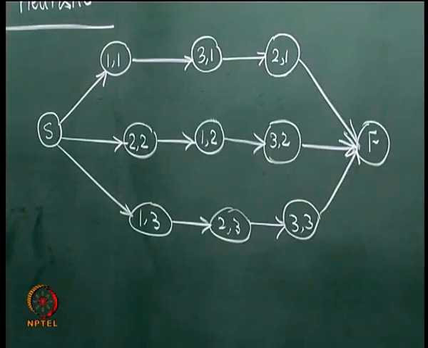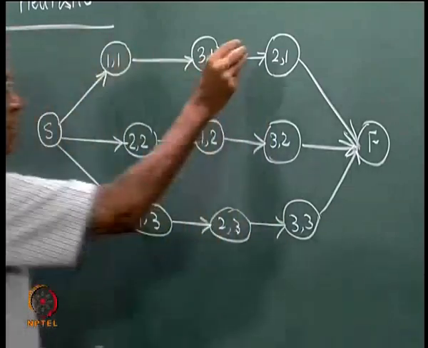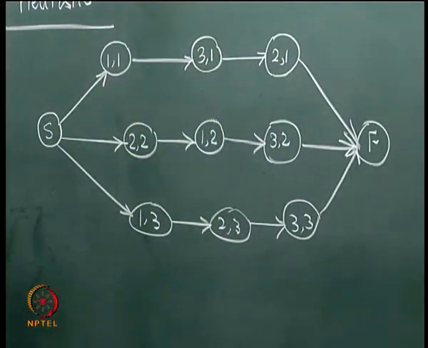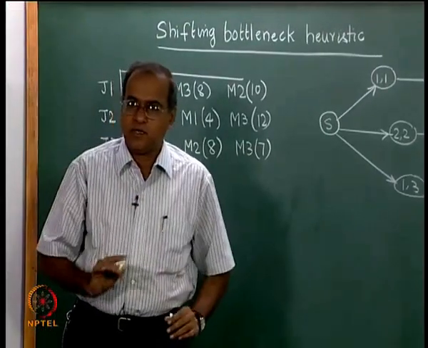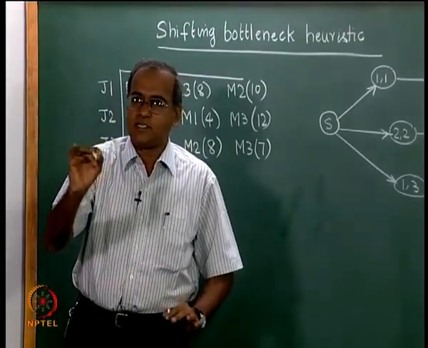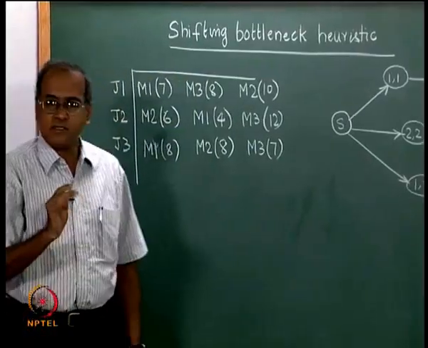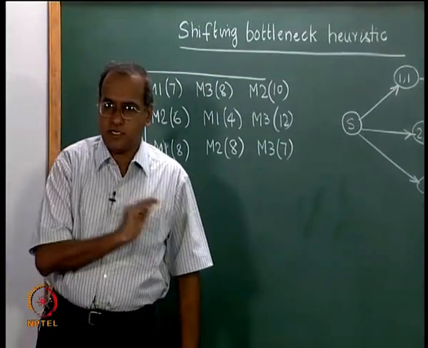We also have a certain processing time associated with each node, and each node represents an operation, which is the visit of a job on a machine. So if a node has i comma j, then j is the job and i is the machine.